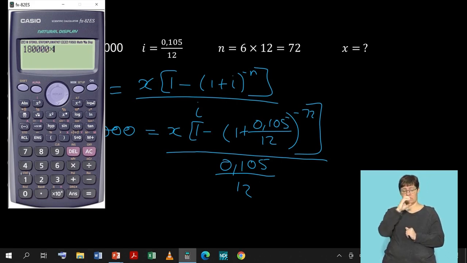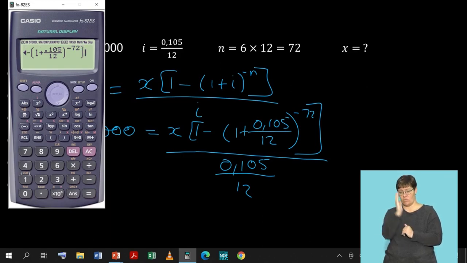180,000, multiply this by the interest, which is the denominator, so I'm cross-multiplying, 0.105 over 12. It gives me the answer, then I will divide it by everything that is inside the big bracket. So divide this by 1 minus, in the bracket I have 1 plus 0.105 over 12 to the exponent of negative 72.